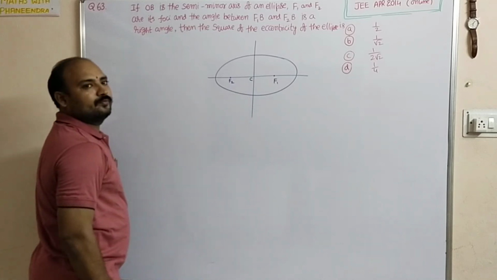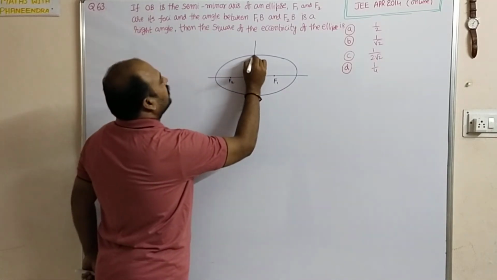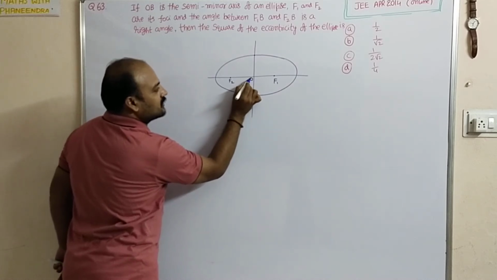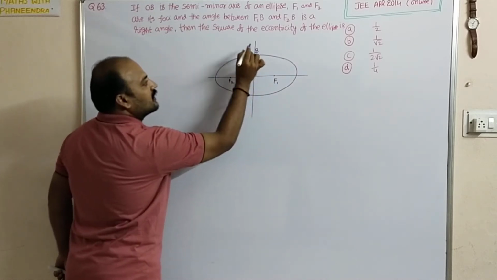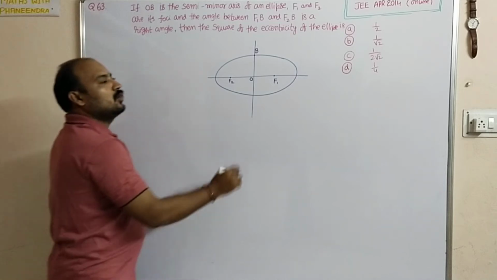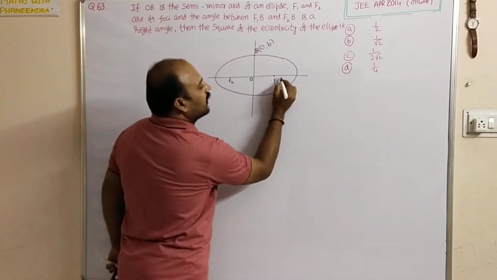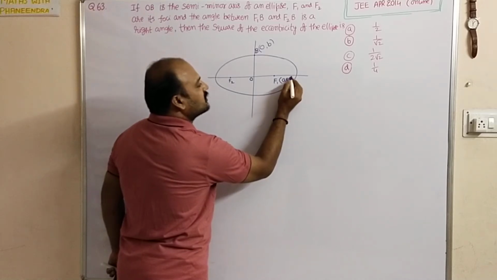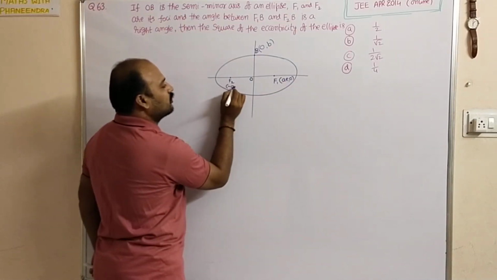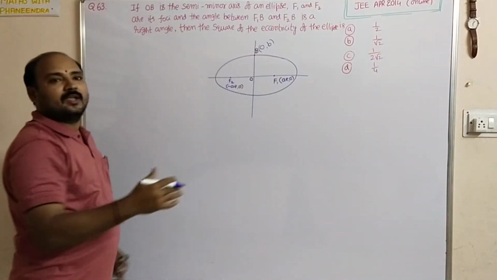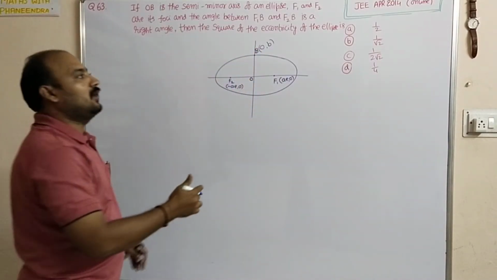F1 and F2, and OB, O is the center, B is the semi-minor axis, whose coordinates are 0, B. And the foci coordinates, you know, are AE, 0 and minus AE, 0. F1B and F2B make a right angle.